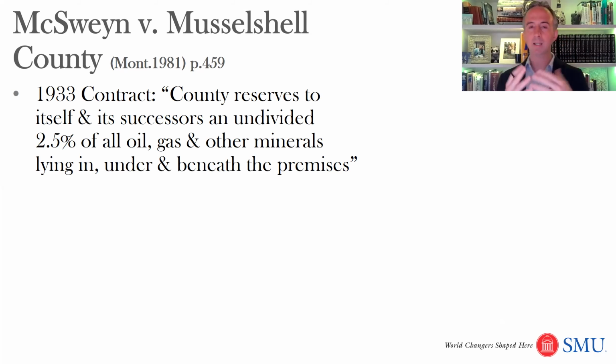One is there's a grant of a mineral interest to somebody while retaining the surface. And the other is that there is a grant of everything in the property except for the mineral interest, which is reserved. So in this 1933 contract, the county reserved to itself an undivided 2.5% of all oil and gas and other minerals lying in, under, and beneath the premises.